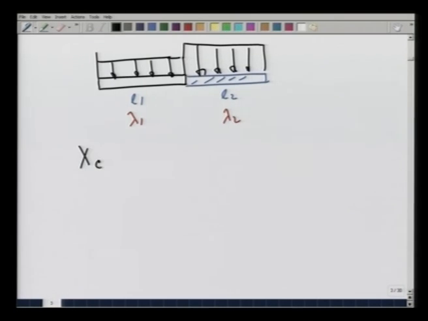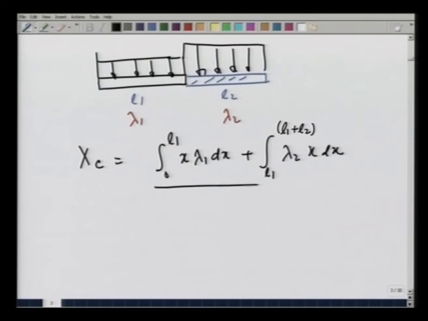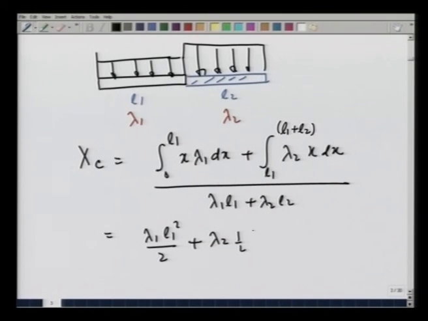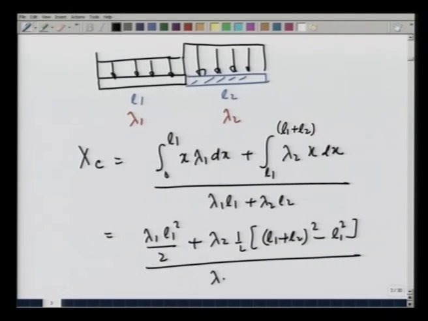The center of gravity is the integral from 0 to L1 of x lambda 1 dx plus the integral from L1 to L1 plus L2 of lambda 2 x dx. g we have already cancelled, over lambda 1 L1 plus lambda 2 L2, and this comes out to be lambda 1 L1 square divided by 2 plus lambda 2 times 1 over 2 times L1 plus L2 whole square minus L1 square, divided by lambda 1 L1 plus lambda 2 L2.